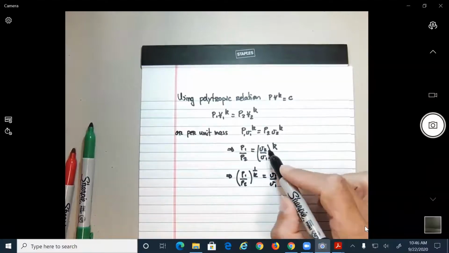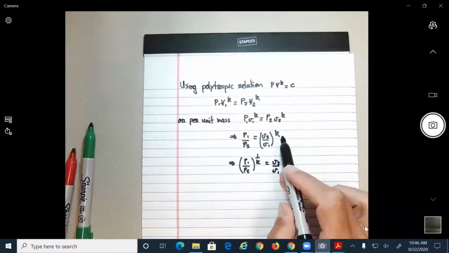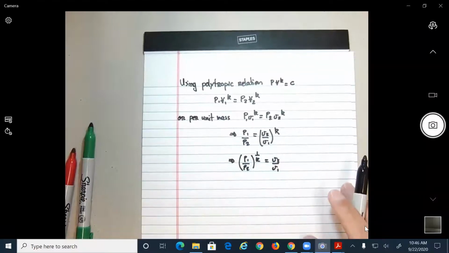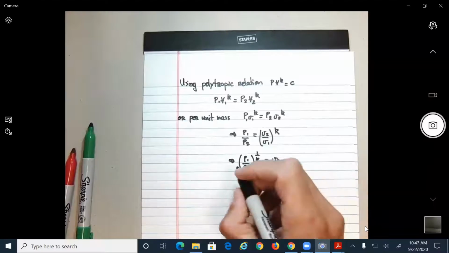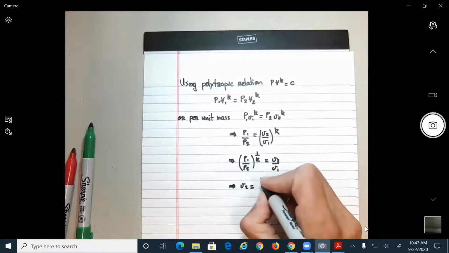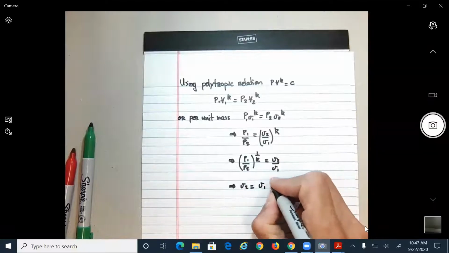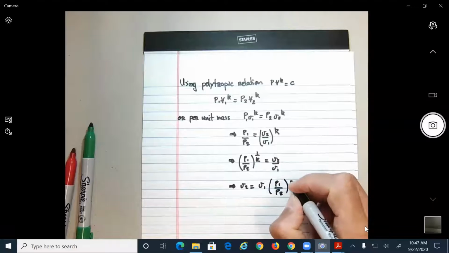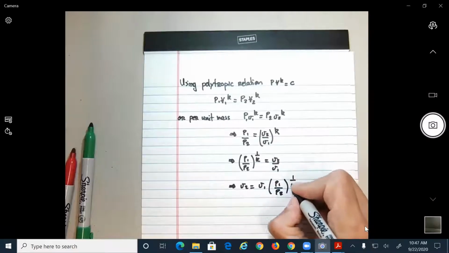You put the power K to the other side. So at the end, we need to find the other property. We can find that V2 should be equal to V1 times P1 over P2 to the 1 over K.